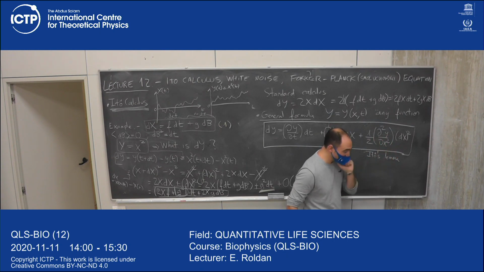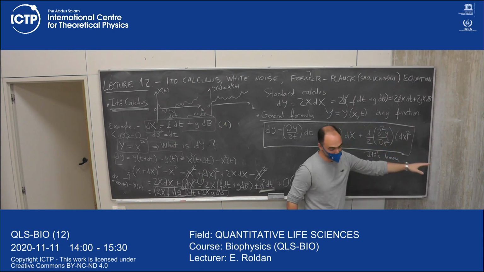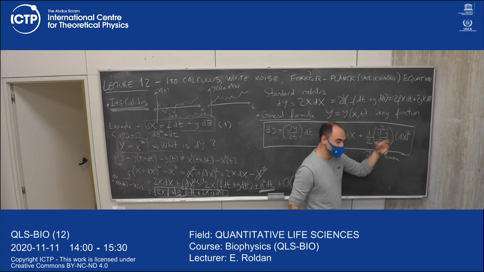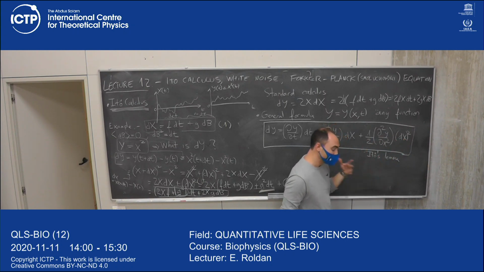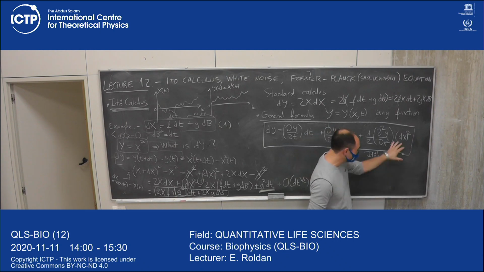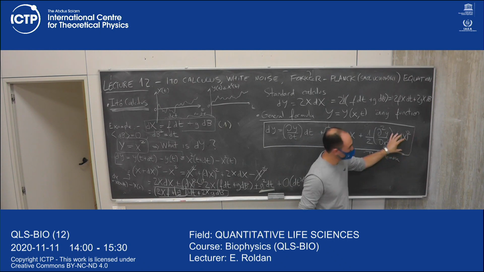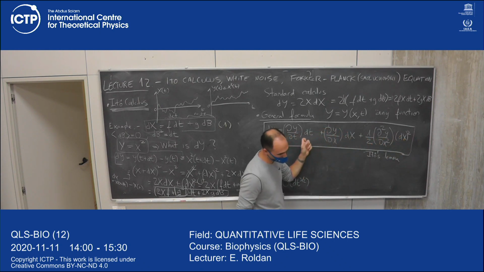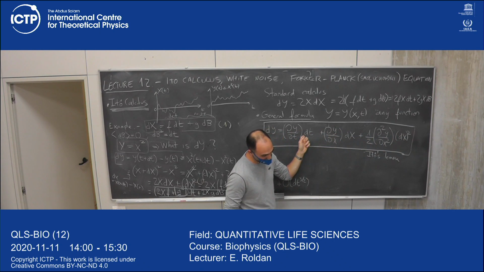Why this expression? Because in general I must do this and continue till the end: third derivative, fourth derivative, fifth derivative. I should continue. The reason why I put this is because this term will have a term proportional to dt. So it will be as important as this one.